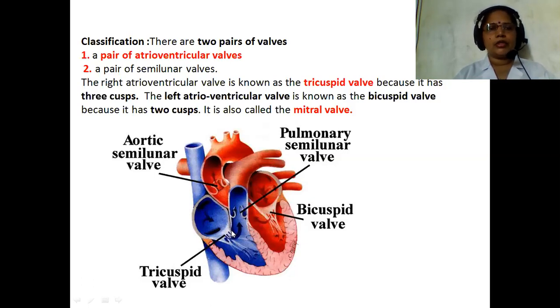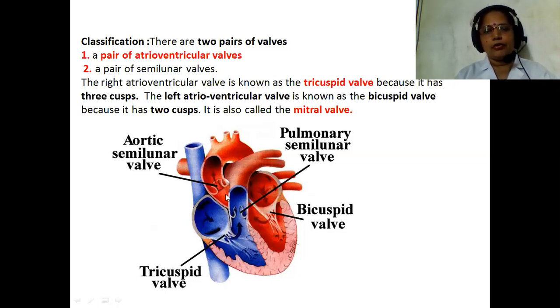This valve present on the right side of the heart is called the right atrioventricular valve, also called the tricuspid valve. Why tricuspid? Because it has three cusps. In the next slide we will discuss.